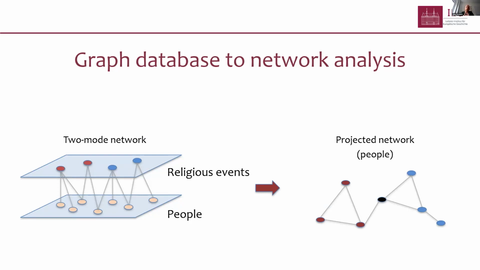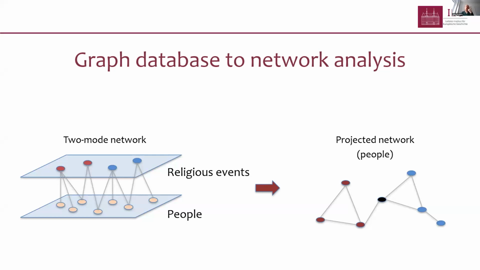And in the end, this led to projected networks. You can see it on the right here, comprising the links between people. If people participated in the same event, a link would be constructed between them. In this example, there are a couple of people who only participated in events in the Roman Catholic Church, the red nodes, only in the Old Catholic Church, the blue nodes, and in the middle, a person who participated in events in both churches.